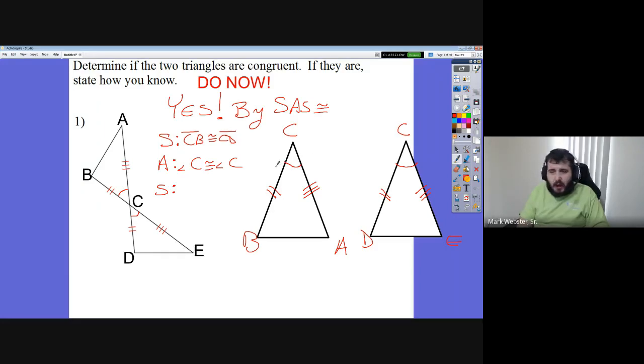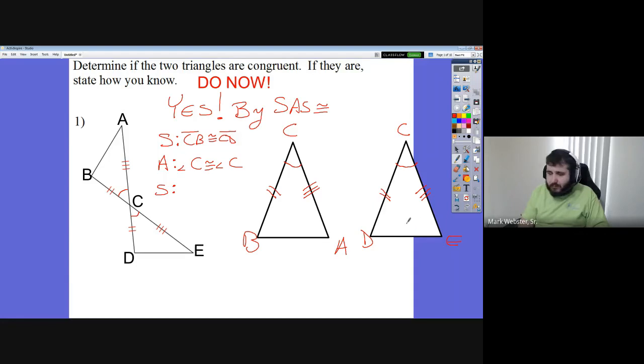Since I've taken the two triangles and broken them up this way, it's clear when I'm talking about angle C which angles I'm talking about. The angle C on the left has to be BCA, because that's the angle C on the left-hand triangle. The angle C on the right has to be DCE.